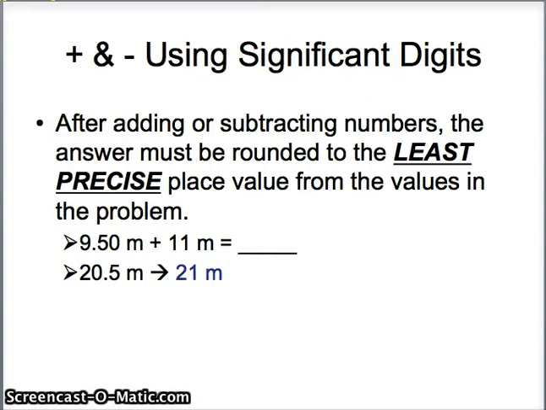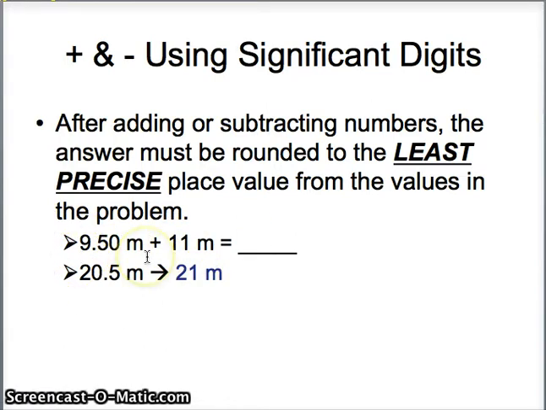When you're adding and subtracting values using significant digits, the rule is that the answer must be rounded to the least precise place value from the parts of the problem. If you look at the example here, 9.50 meters plus 11 meters, you will notice that there are 2 parts to this problem.